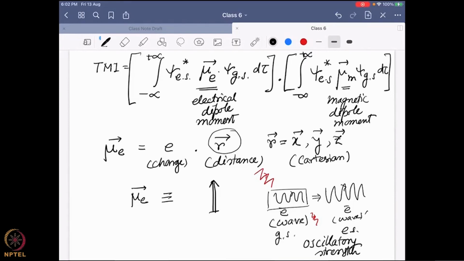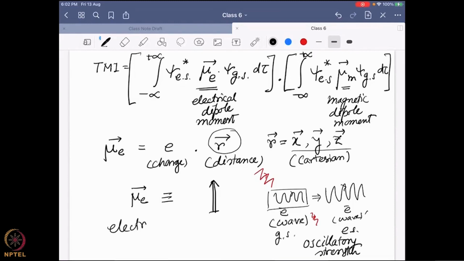So that is why the directionality, how they are interacting, is very important. And as we just discussed, there are two different components: one is the electrical dipole and one is the magnetic dipole. The electrical dipole component interacts through an XYZ directionality function.